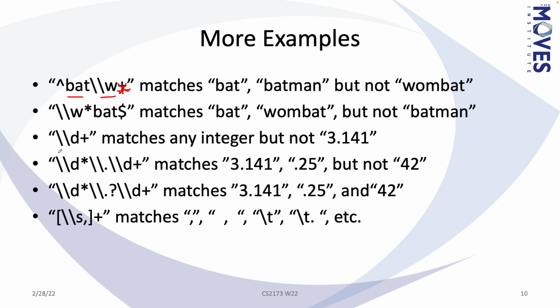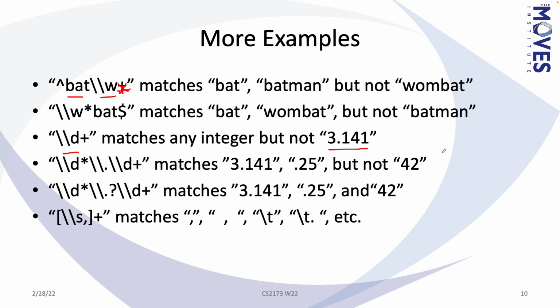So \d plus will match any integer as long as there's at least one number, but it will not match a floating point number. Why? Because there's a dot in there. It fails. The dot is not a number.